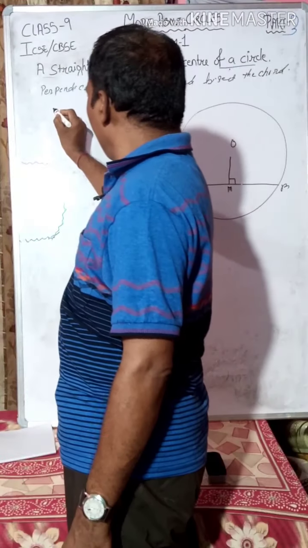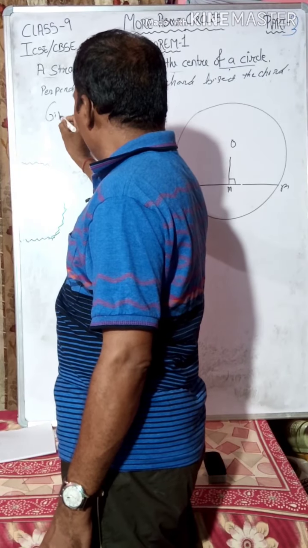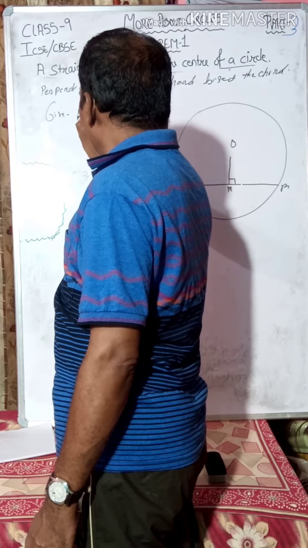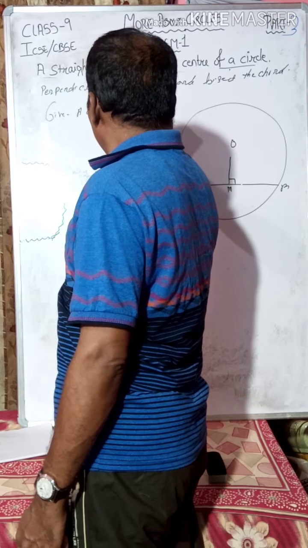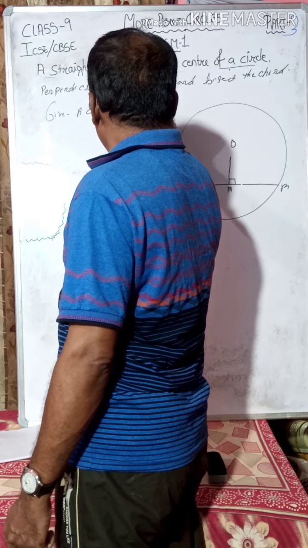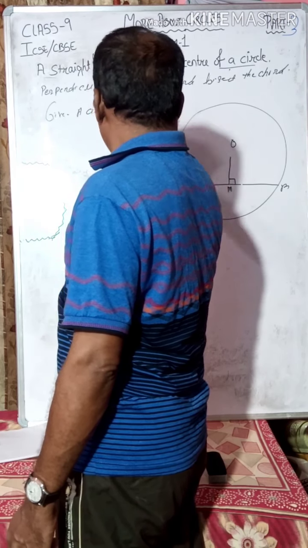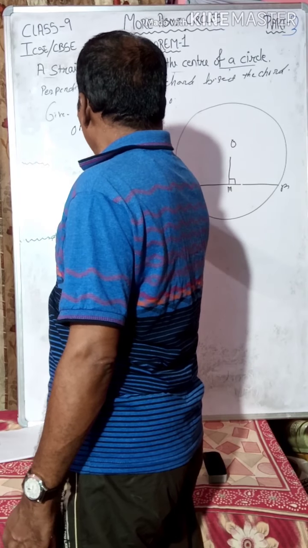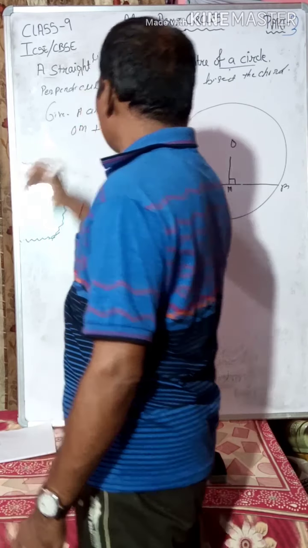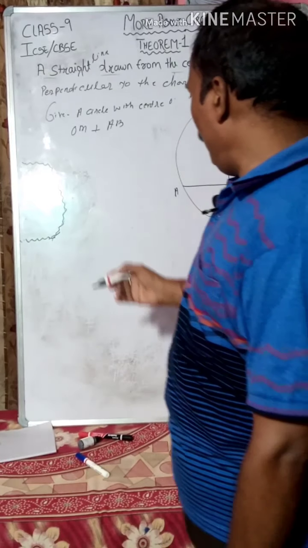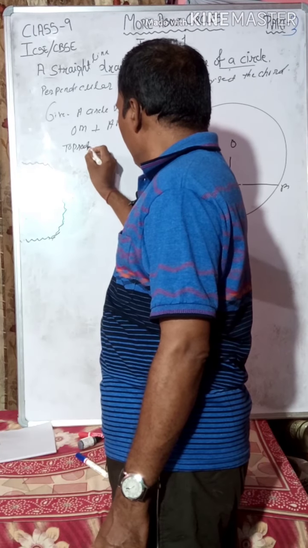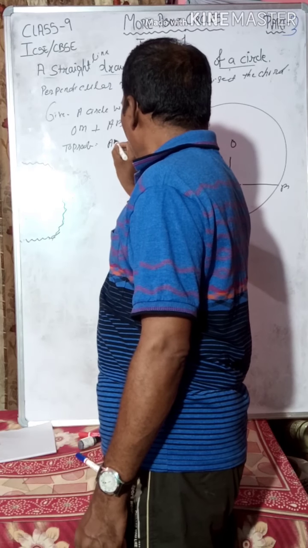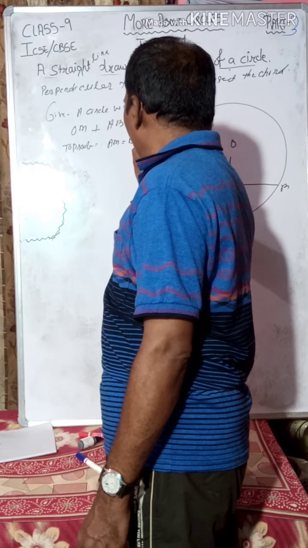Given: a circle with center O, OM is perpendicular to AB. This much is given. To prove: AM is equal to BM.